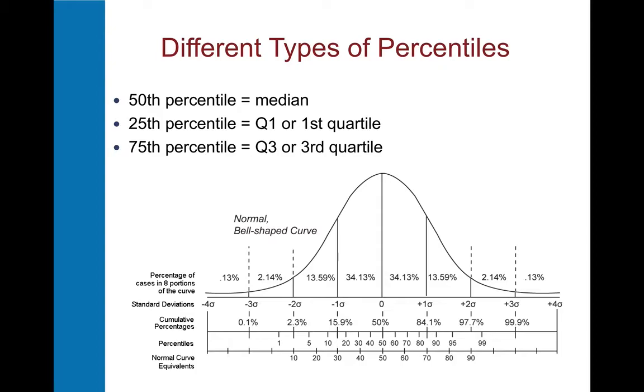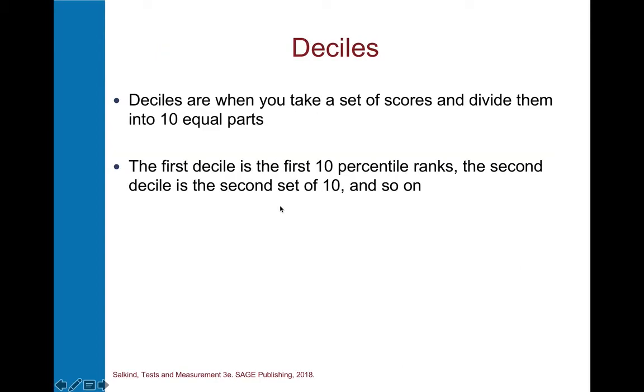And then the 75th percentile, which is around right here, is called the third quartile or Q3. So you'll probably run across these terms whenever you hear people wanting to describe certain portions of their distribution. This is really important for you to know for the exam as well. So just take note of this. Make sure you know what Q1 and Q3 and the median basically represent.